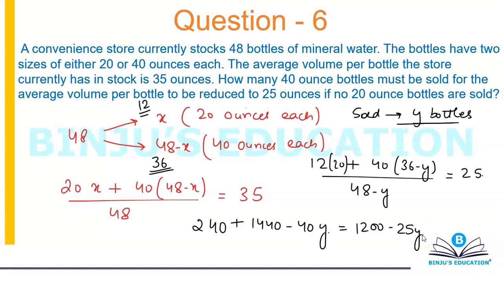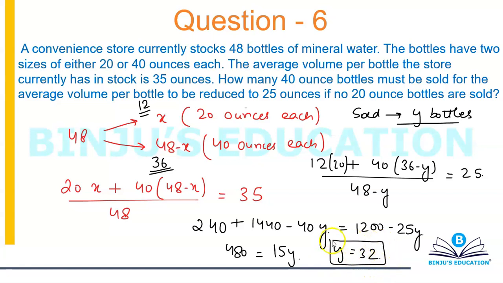So let's add them up. So 1440 plus 240 minus 1200, which is 480, and this will be equal to 15y. So this will give you y is equal to 32.